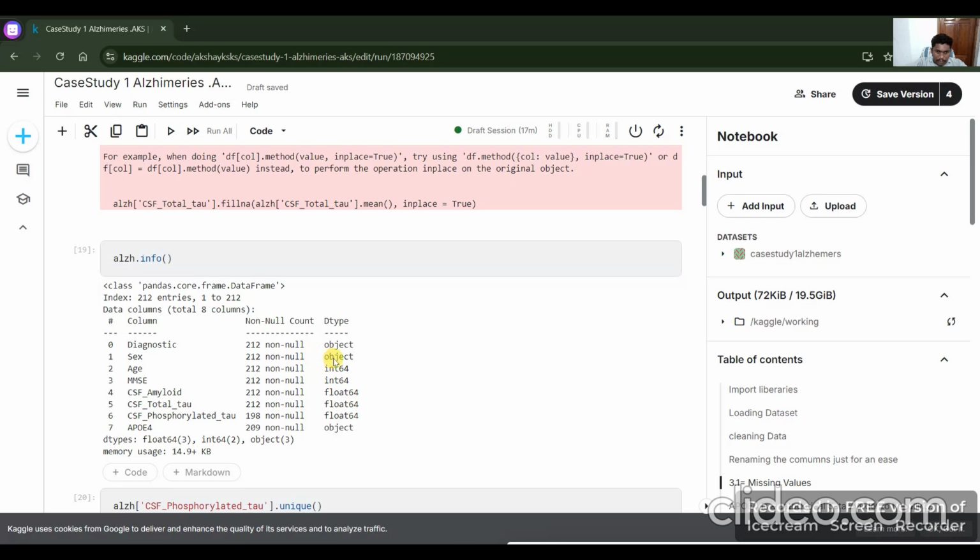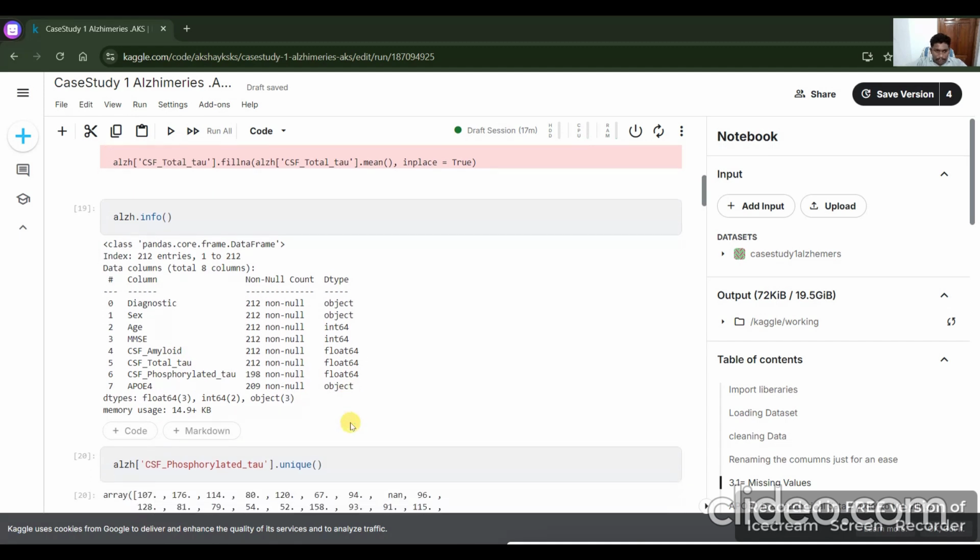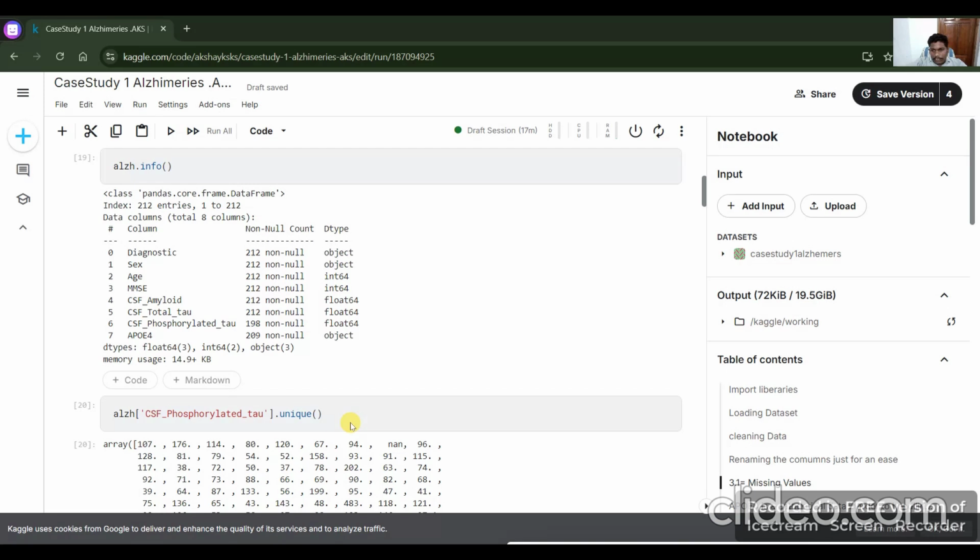Diagnosis object, sex object, age int64, APOE4 object, float amyloid, total TAU, phosphorylated float.